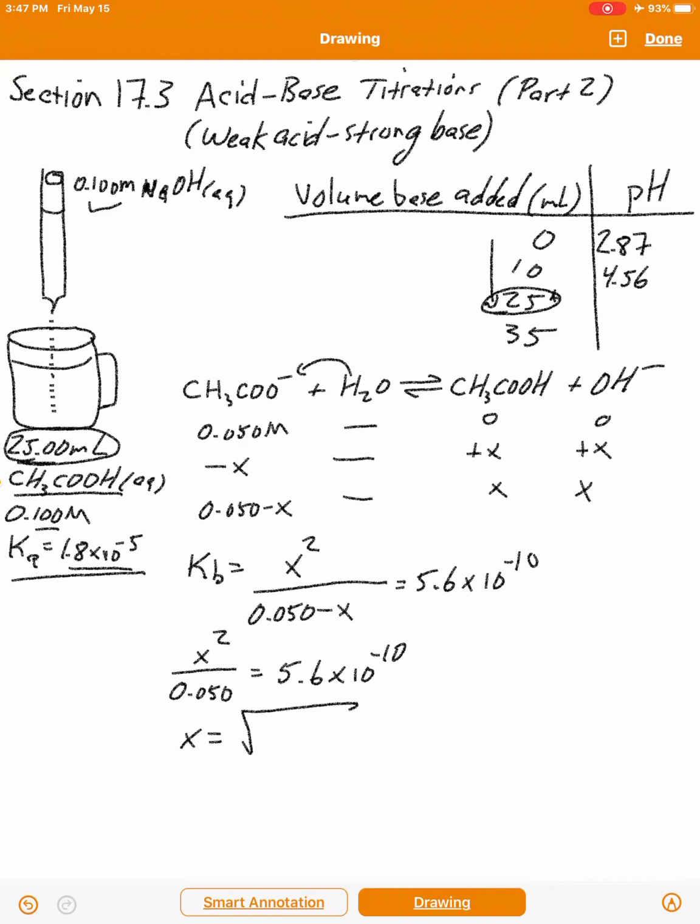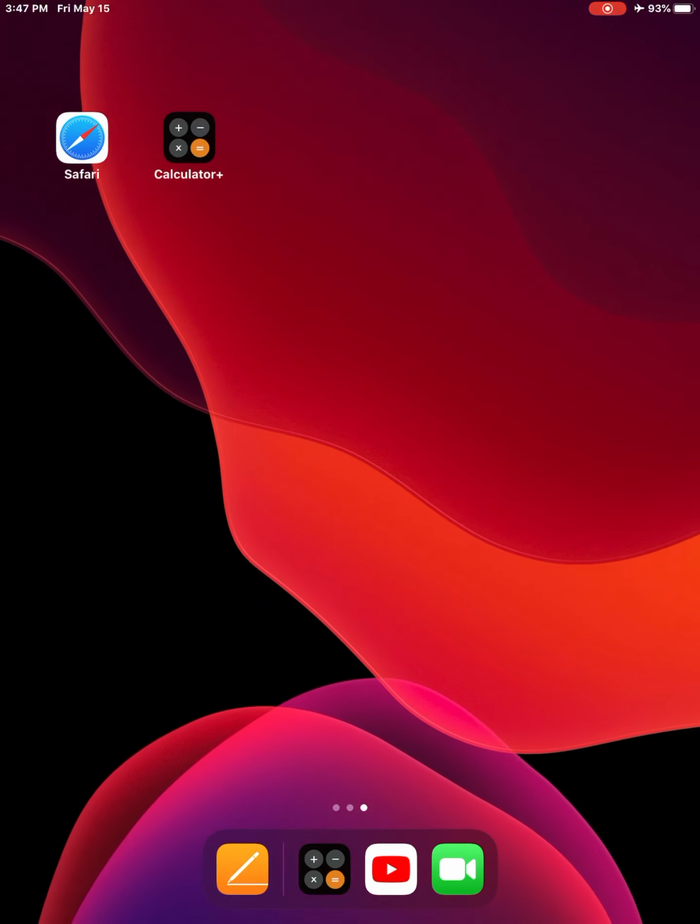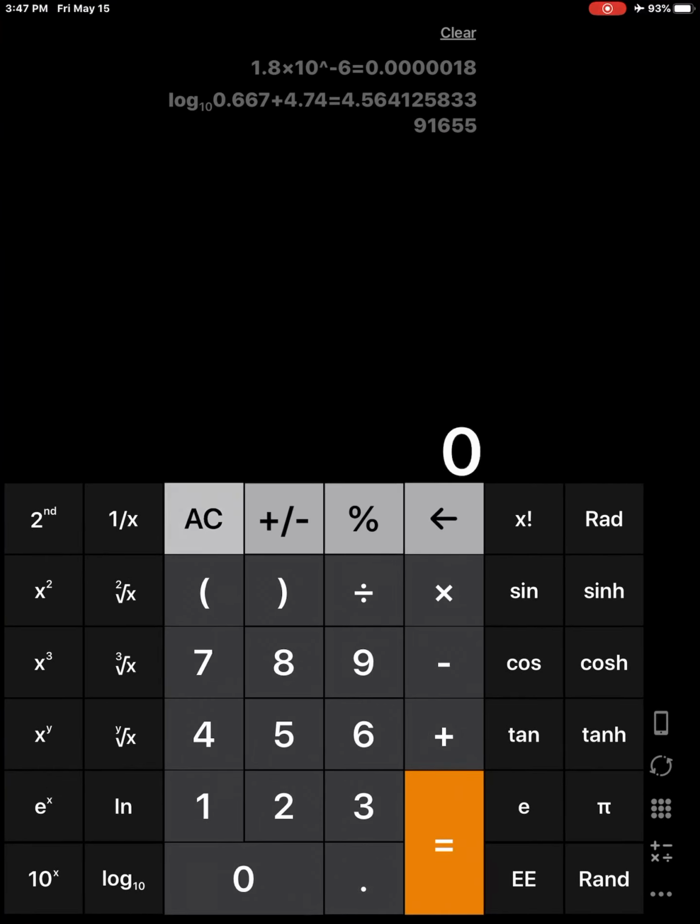I'm just going to go ahead and cut to the chase here. The 0.050 times 5.6 times 10 to the minus 10, right? You multiply the denominator by the value of Kb and then take the square root. So let's figure out what that is. 0.050 times 5.6 times 10 to the minus 10.